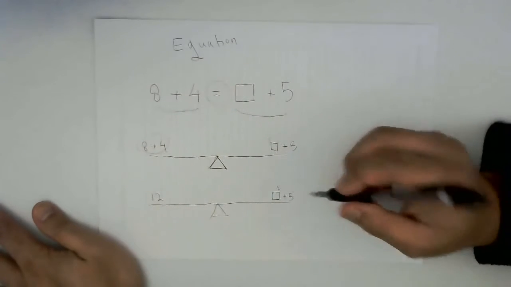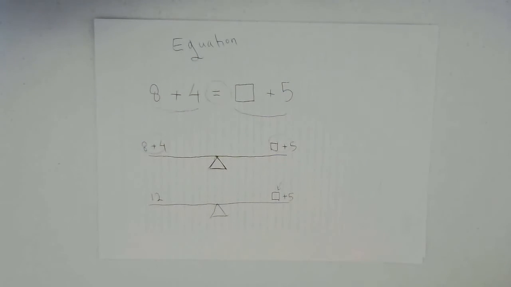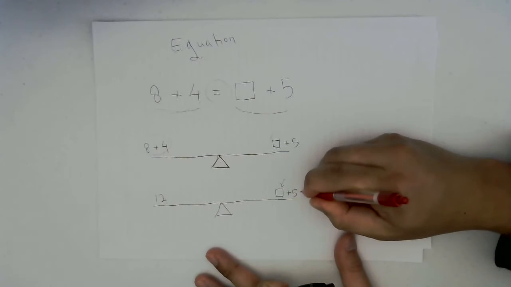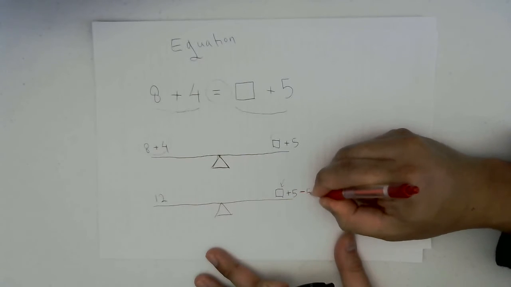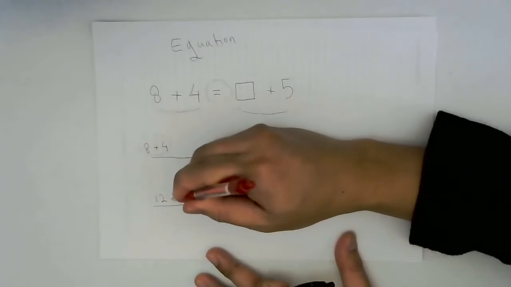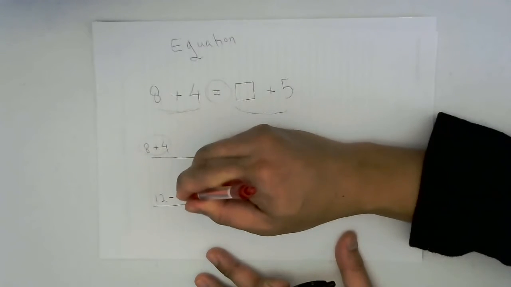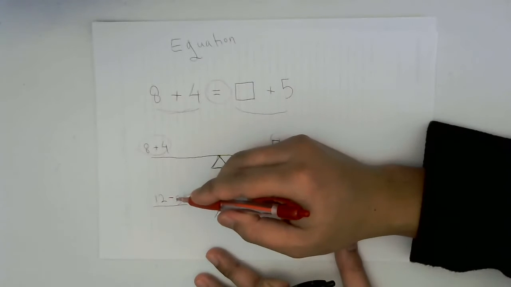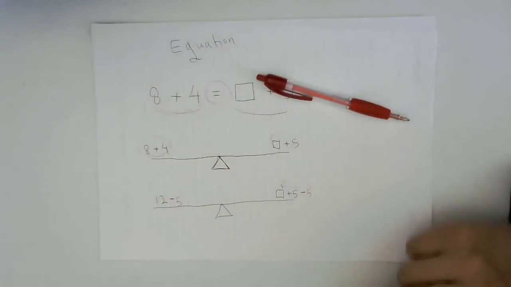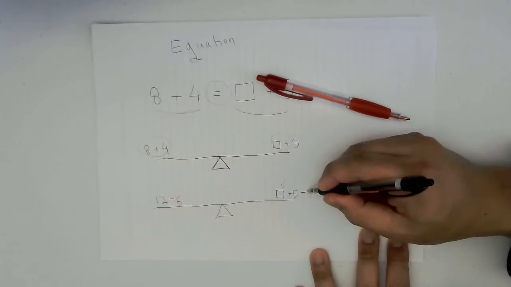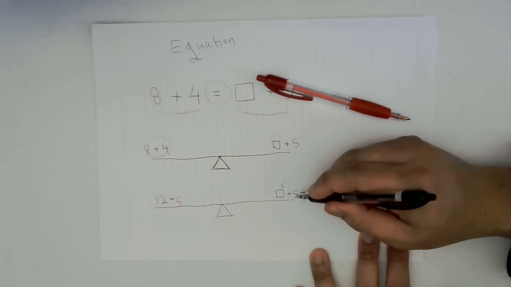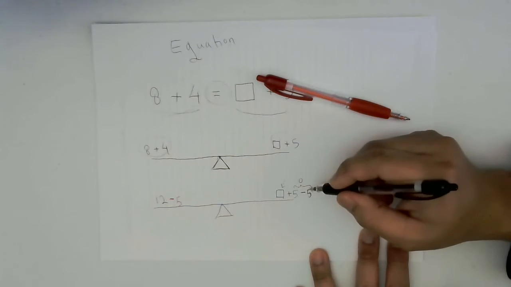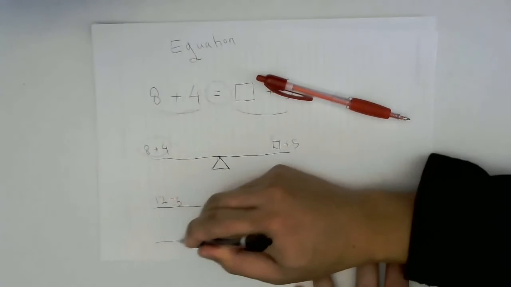So for example, if on this right side I subtract by 5, I will have to do the same thing also with the left-hand side here. So if I subtract the right-hand side by 5, I will subtract the left-hand side also by 5. Now, 5 minus 5 is 0, and the box plus 0 is simply the same thing.